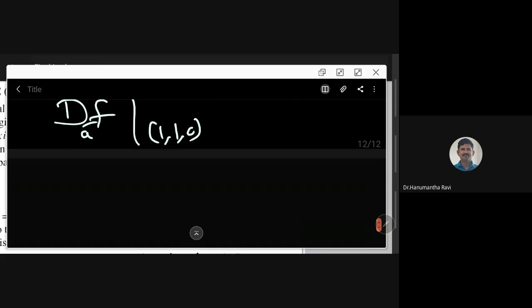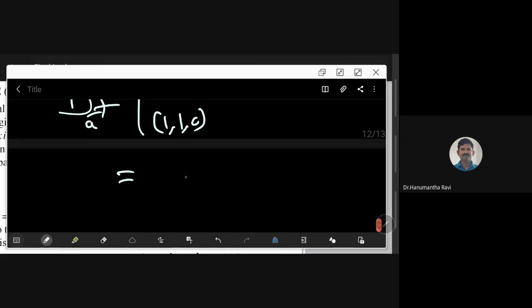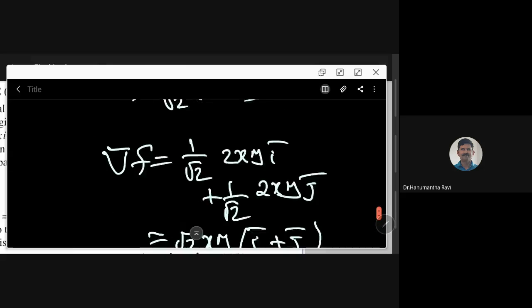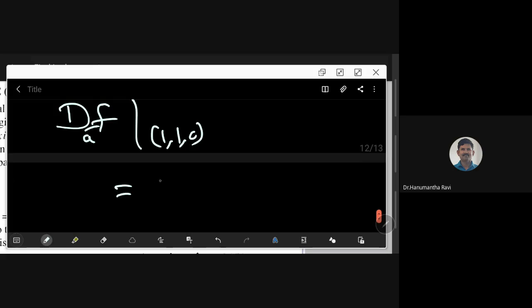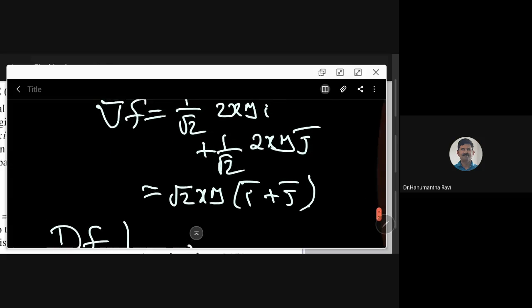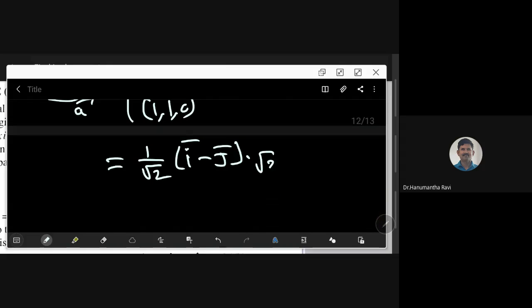It is equal to that unit vector, which we have calculated, 1 by root 2 (i bar minus j bar), dot this grad f, root 2 xy (i bar plus j bar).